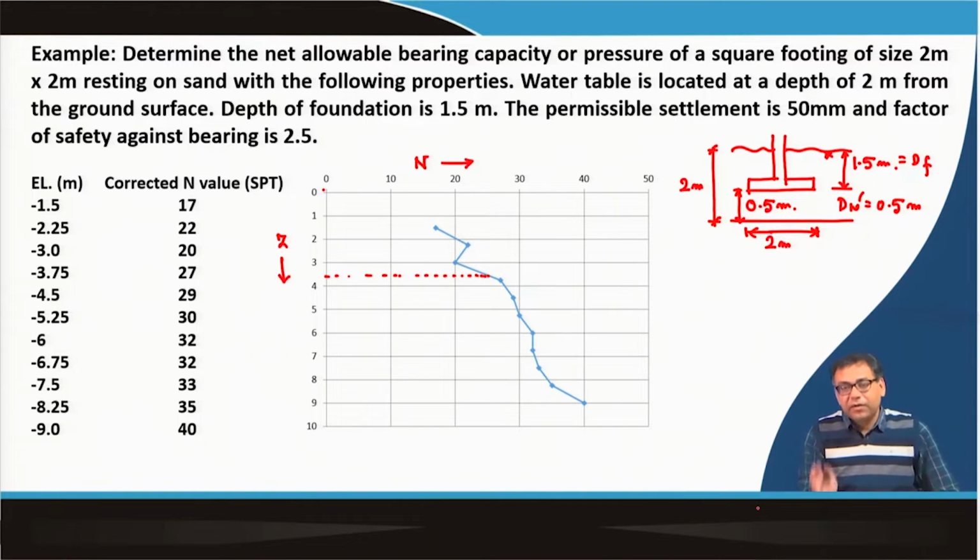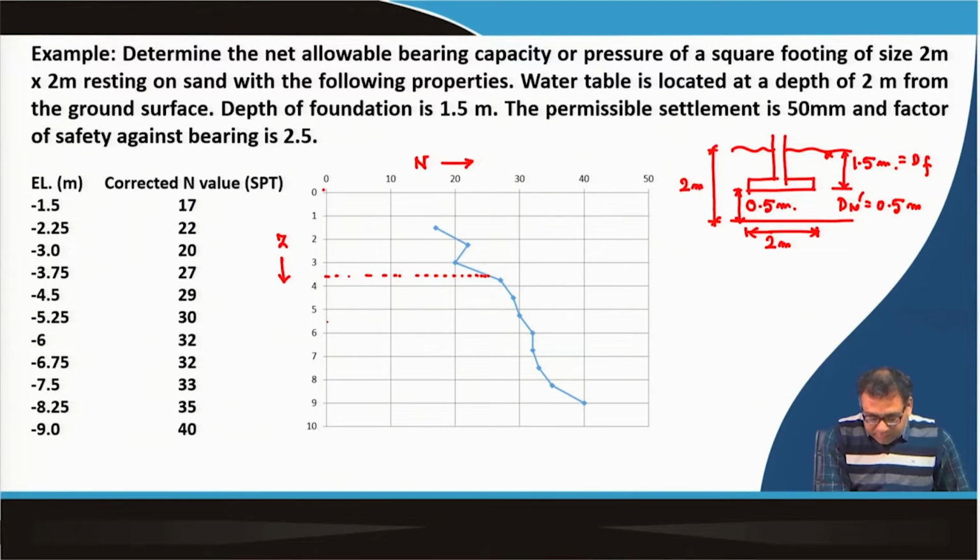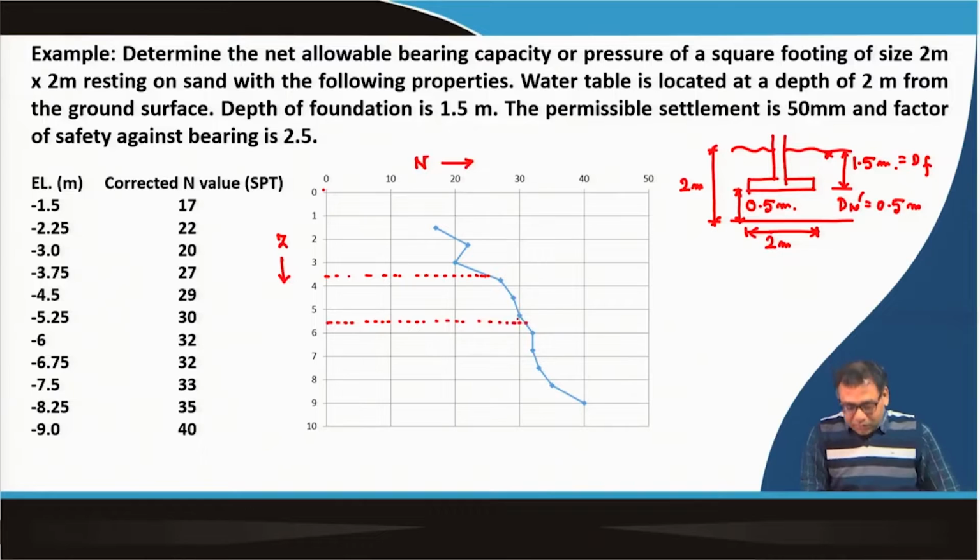For settlement consideration, the influence zone will be twice B, so this will be 4 plus 1.5, which is 5.5 meter from the surface. So 3.5 meter is the influence zone from the surface for bearing consideration, and 5.5 meter is the influence zone from the surface considering settlement.